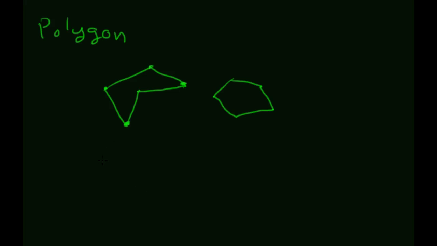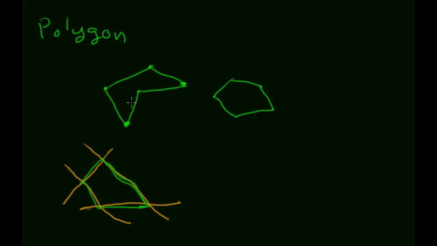Some polygons are called convex. And the way we're going to define convexity here is that if you were to extend any side of that polygon, then the side does not cross through the interior of the polygon.